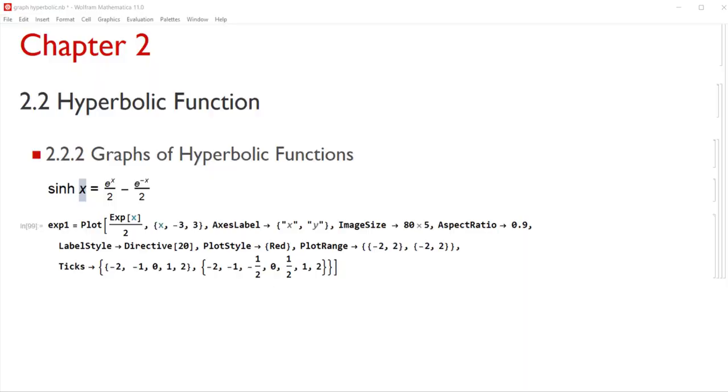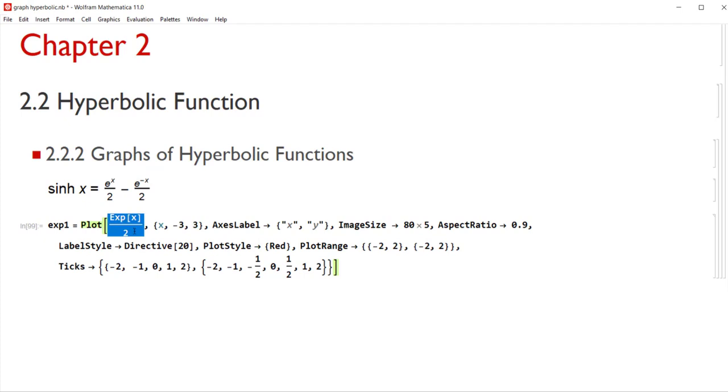Okay class, so I will show you how to sketch the graph of sinh x by using the exponential graphs. First we see what happens when we plot e power of x divided by 2.